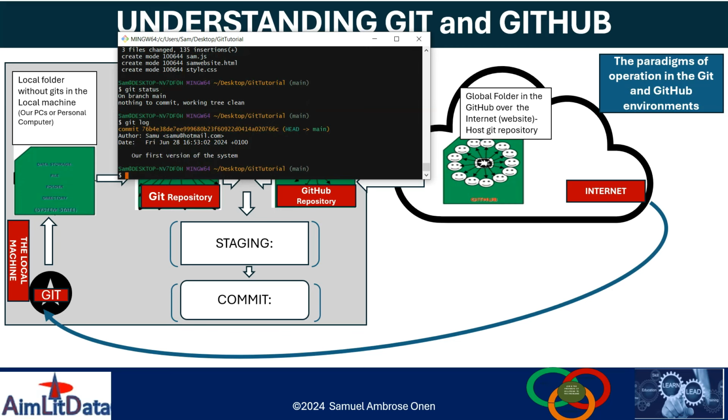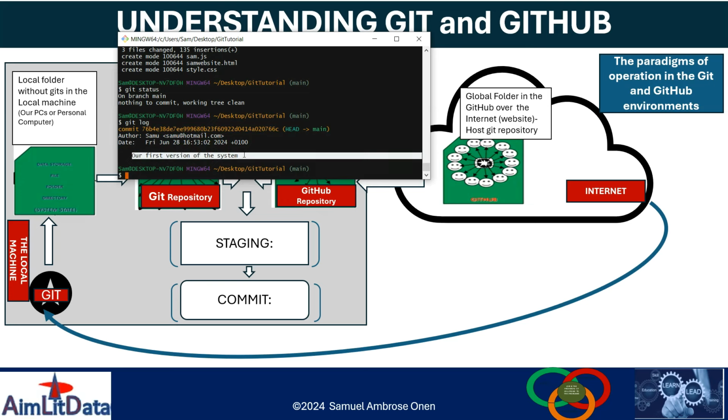Yes, my friend, you can see git log. We have the commit history there. We have one commit, and it is sitting on the main. You can see the head, the main branch, and the author, which is very important. This is the configuration we did before. You can see Sam, and my email is there, the date is also there, and the commit message.